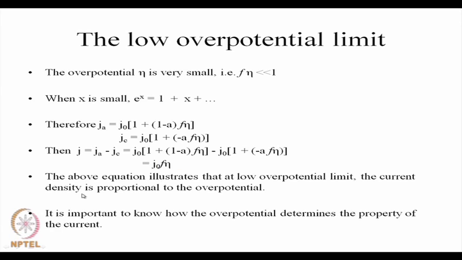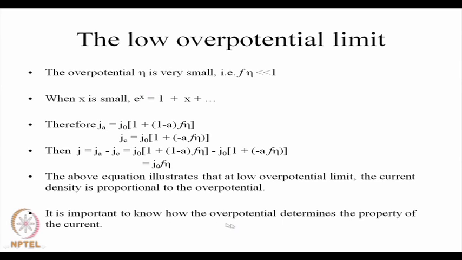So, it is a linear relationship, therefore J is proportional to eta. This equation illustrates that at the lower potential limit, when overpotential is very small, the current density is proportional to the overpotential. This is very important, that under the low overpotential limit we get this expression. Of course, this approximation is valid only when it is very small.